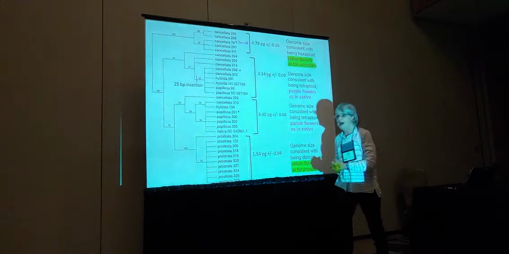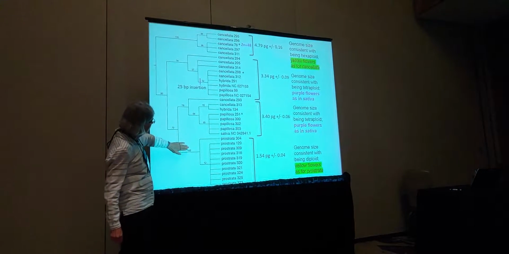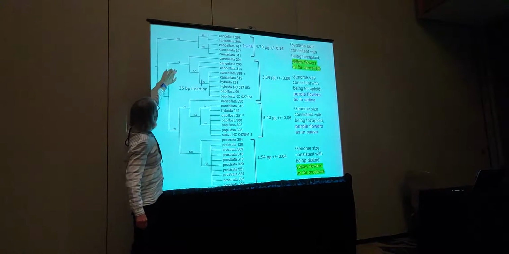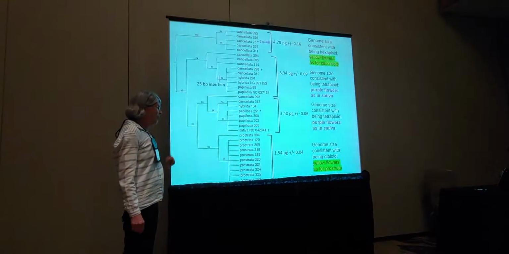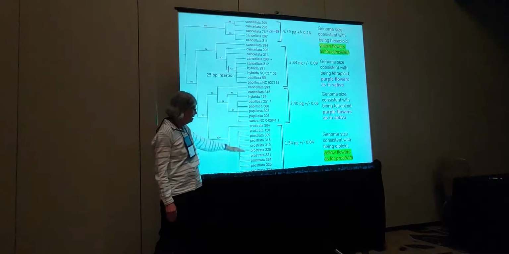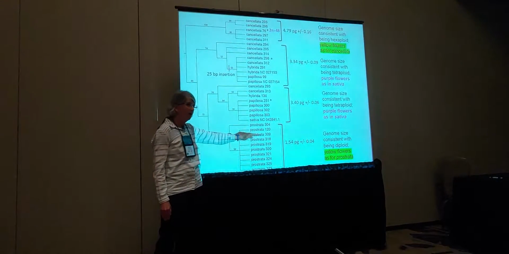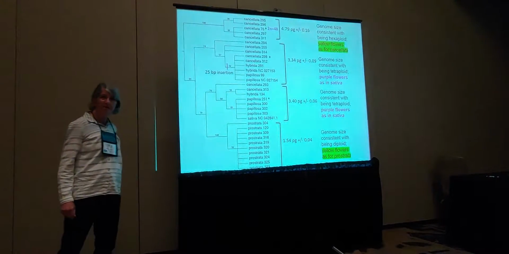Okay, so here's the slide, and you see 4 clades here, 4 strongly supported clades: 1 here, 2, 3, and 4 up the top. These two have a little less support. And this one, here's a nice diploid species, Prostrata, a monophyletic group, yellow flowers as they should be, a genome size consistent with them being diploids.